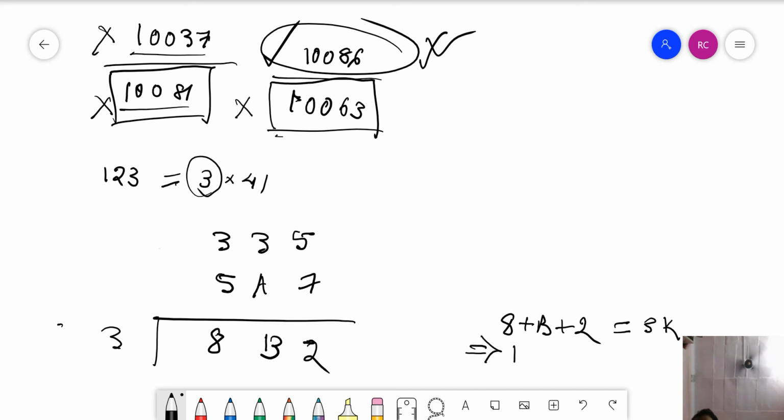Or 10 plus b is a multiple of 3, where b varies from 1 to 9.